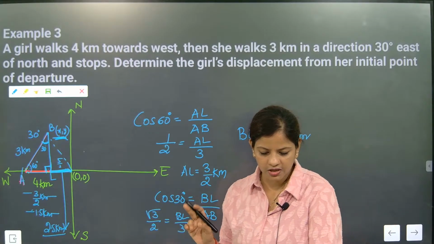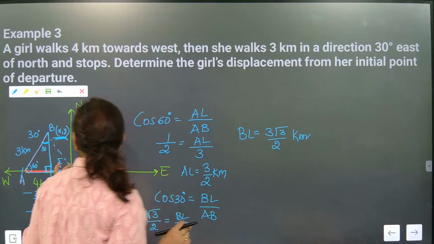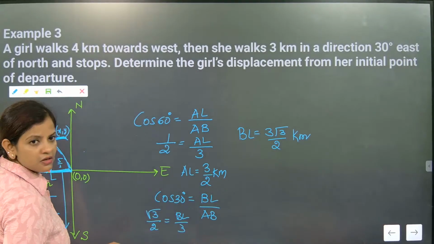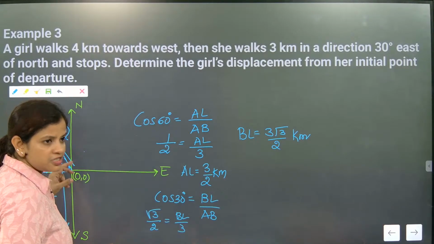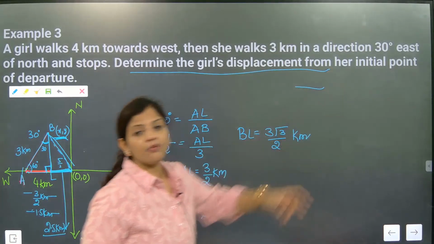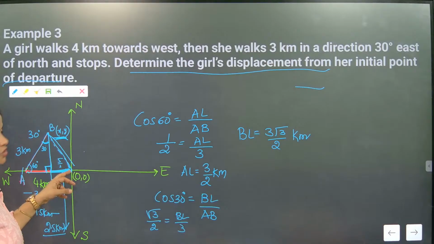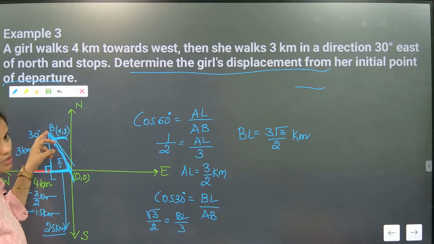So the position vector is which one, beta? OB only, na? The position vector is OB because they're asking to determine the girl's displacement from her initial point. So the initial point is the origin. So the OB vector. What is the position vector of B, beta? The OB vector.